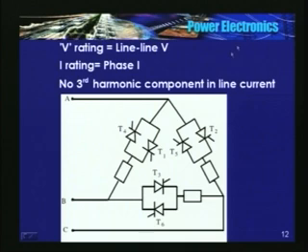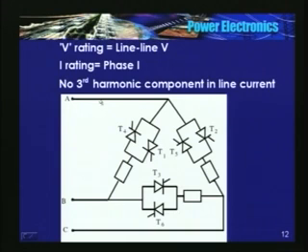Now when the load is connected in delta, this could be one of the configurations. Again, back to back 3 banks, these are 3 loads. They are connected in each phase. What happens here? The current through the SCR is the phase current. Okay.